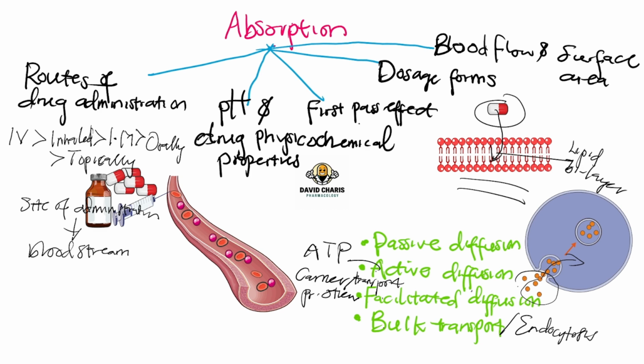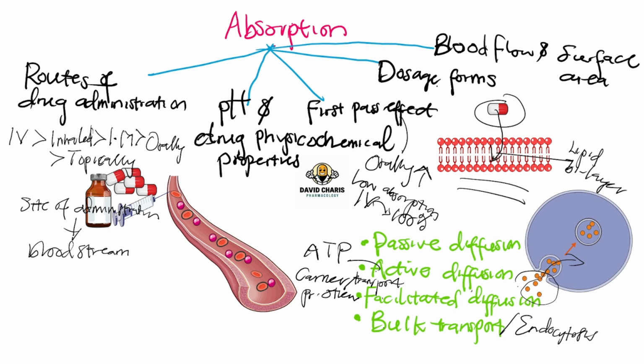Now, of course, the first pass effect is the breakdown or metabolizing of drugs before reaching the systemic circulation. Drugs taken orally have high first pass effects, and therefore they are going to have a low rate of absorption, unlike drugs that are given intravenously, which go 100% directly into the bloodstream.